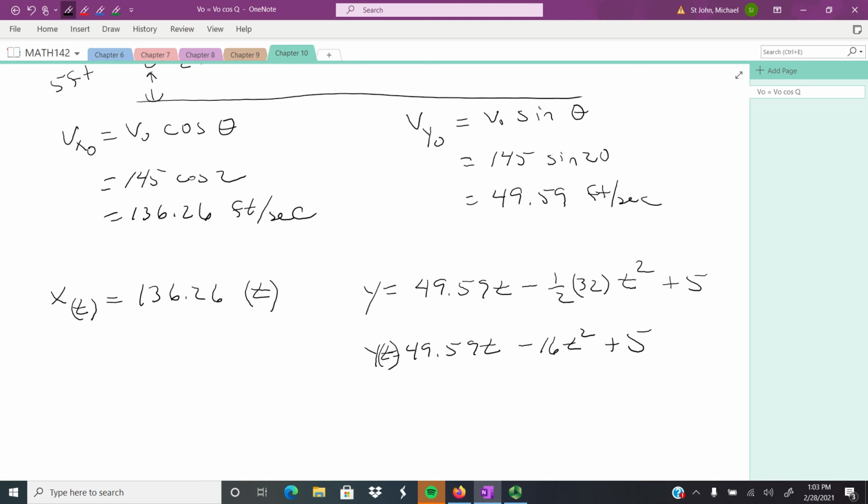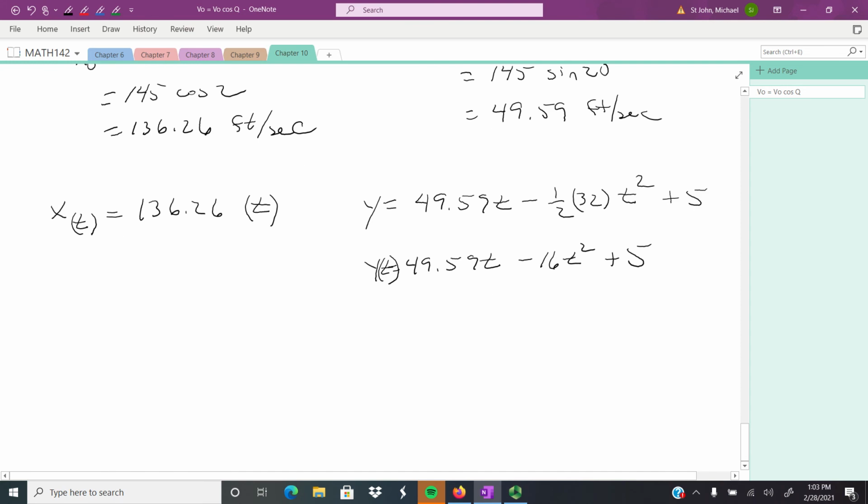Okay. So let's say we want to know, how long is this thing going to be in the air? Well, what we want to do is solve this for when the height of the object is 0. So 49.59t minus 16t squared plus 5 equals 0. Well, that's a quadratic if you've done this before.